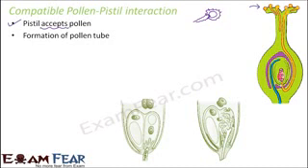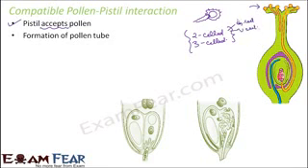Now the question is, when are the pollen grains produced? The production of pollen grains we have already discussed. The pollen grains can be produced either in the 2-celled stage or in the 3-celled stage. That depends. In some plants it is produced in the 2-celled stage. In the 2-celled stage you have two cells, the generative cell and the vegetative cell.